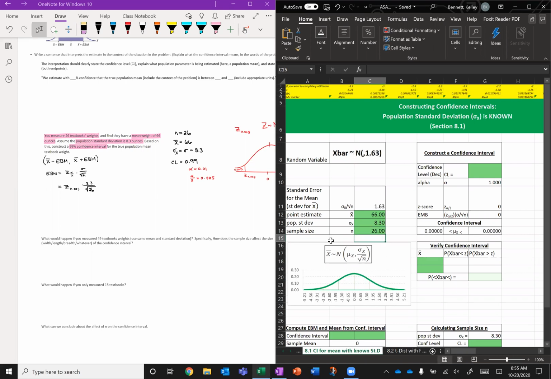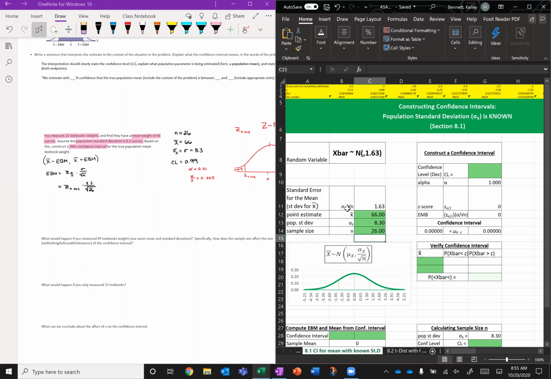Okay, so what that does for us is it helps us determine what the distribution is for the sample mean. But we still have to do the work of determining what our confidence interval is. And that confidence interval is going to depend on our confidence level. So we have everything we need to construct our confidence interval except for the confidence level.